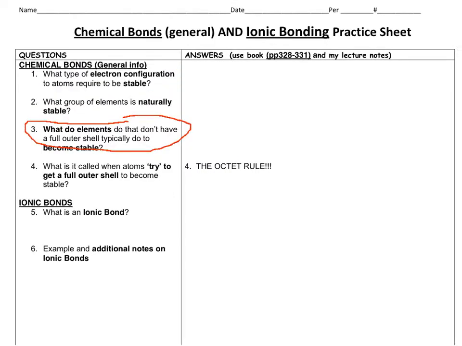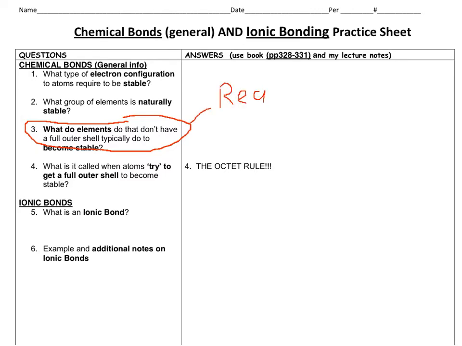Well, what do atoms do when they don't have a full outer shell, which is really most of the elements on the periodic table? Well, they're not stable, so they usually find ways to become stable, and the way they do that is they react with each other.